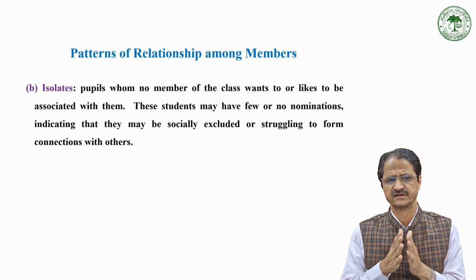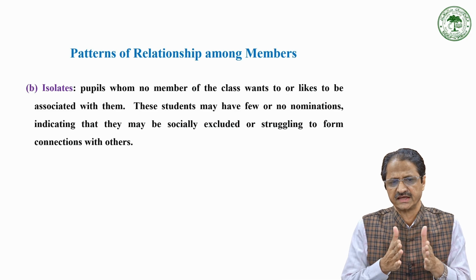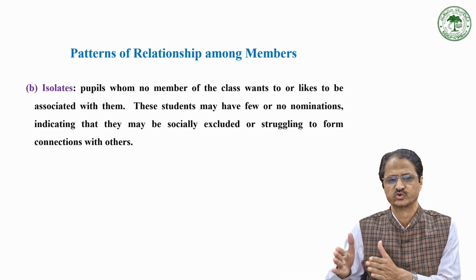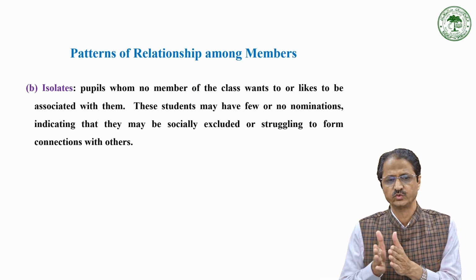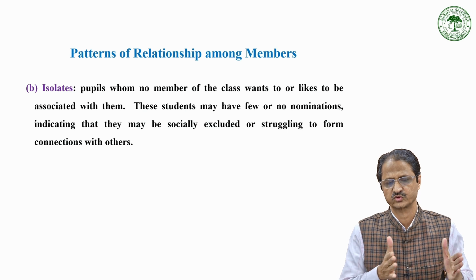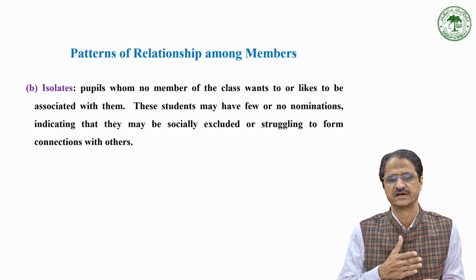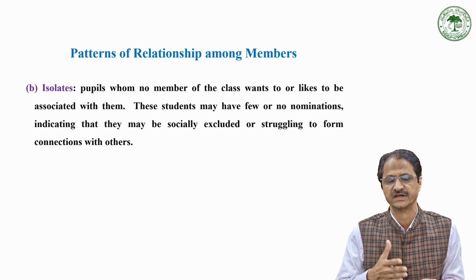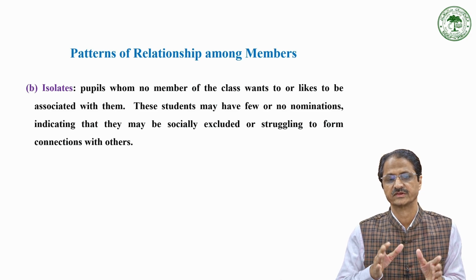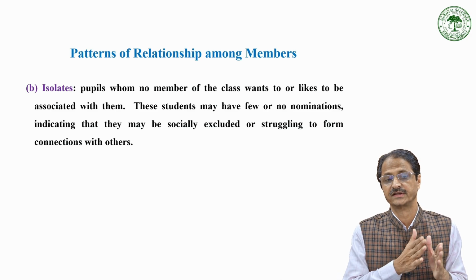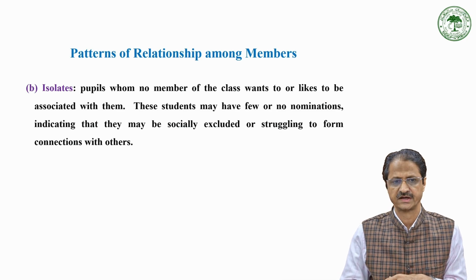If someone is in isolation, then he keeps himself away from social mixing. If you keep away from social mixing, and there are certain characteristic features related to maladjustment behavior, then the pupils reject that kind of candidate in the classroom.